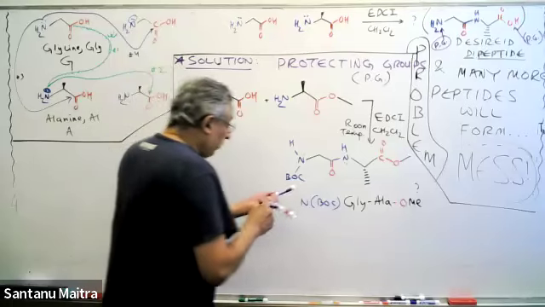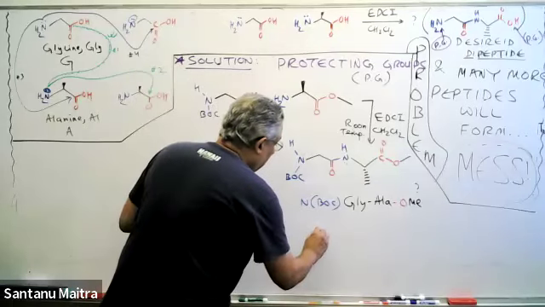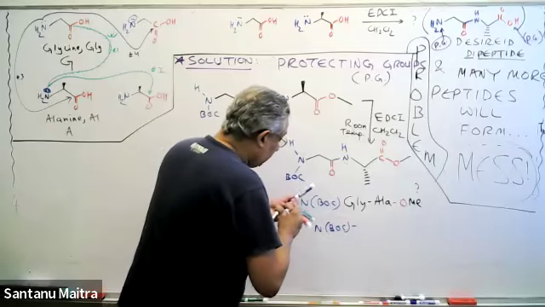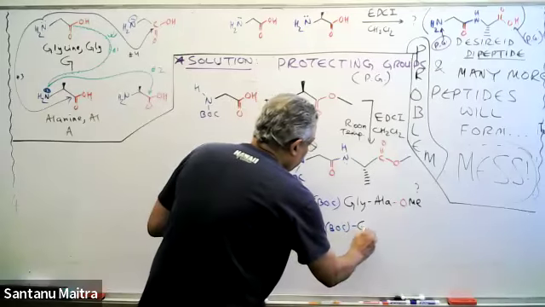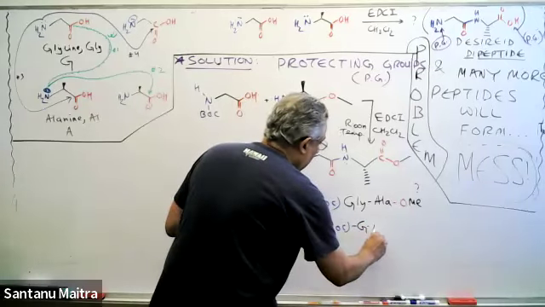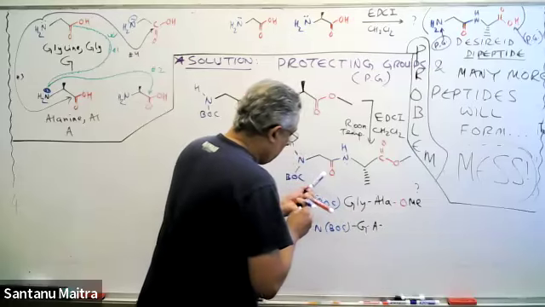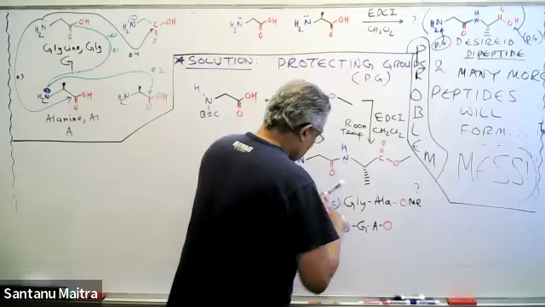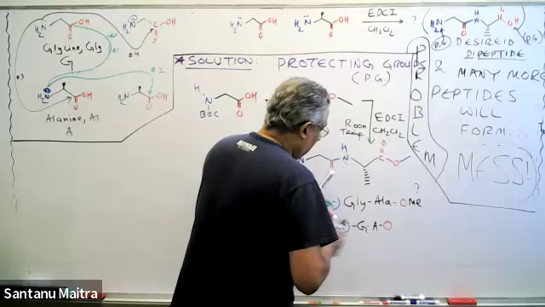You can also write it as N-Boc, G, and then A, and then OMe, methyl.